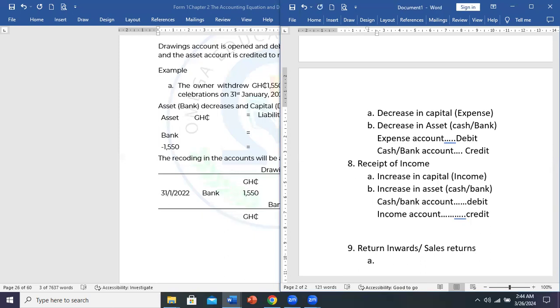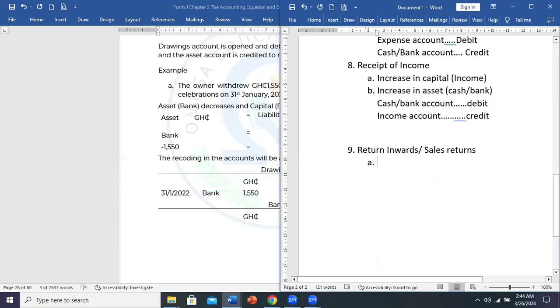Good. So return inwards, what did we say about return inwards? In terms of the increase and decrease, that's the effect. We said that return inwards means that your customers are returning goods to you, the business. So customers or debtors returning goods to the business. So there's going to be a decrease in assets, which is the debtors, right?